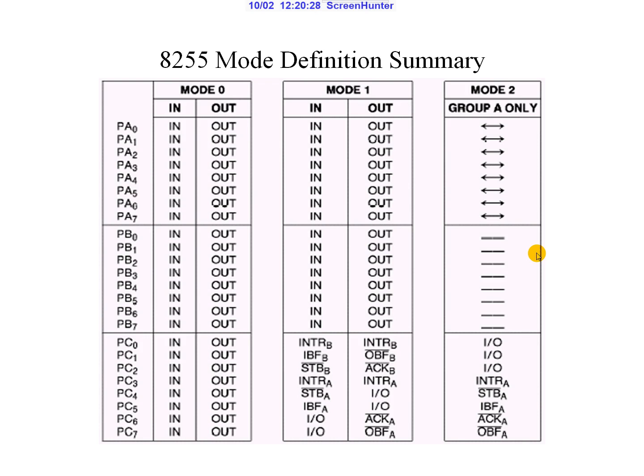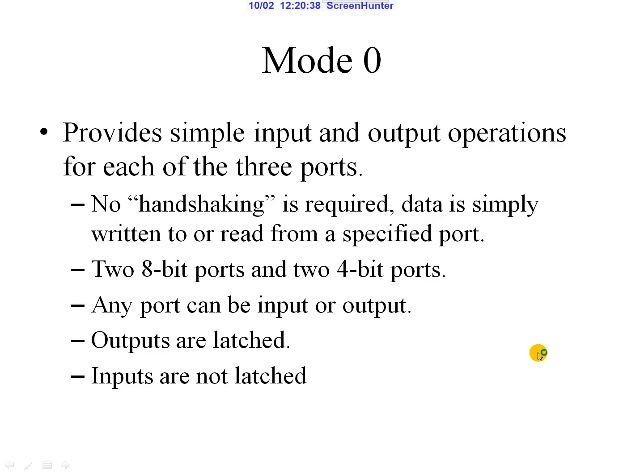So for mode 1 it is needed as handshake signals, but for mode 0 these particular pins are going to be used as separate non-addressable pins.